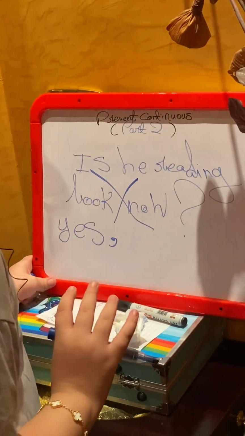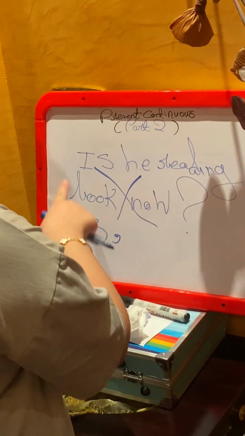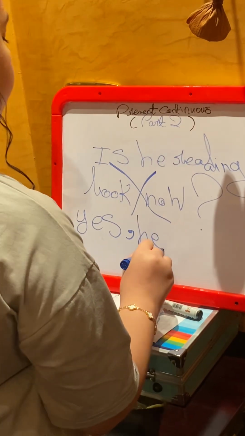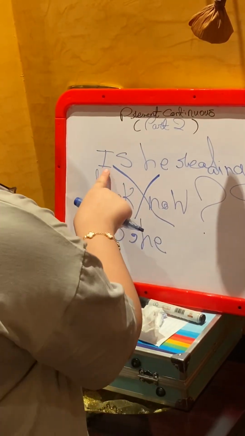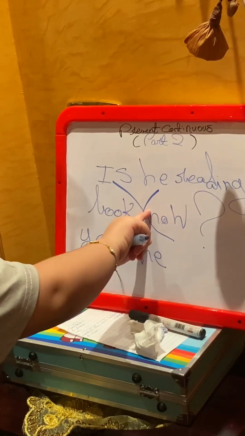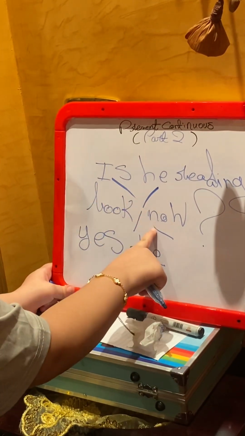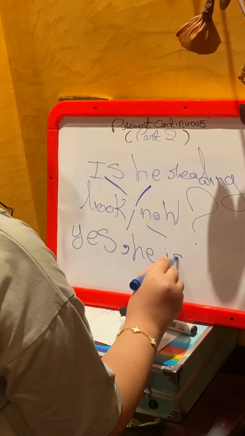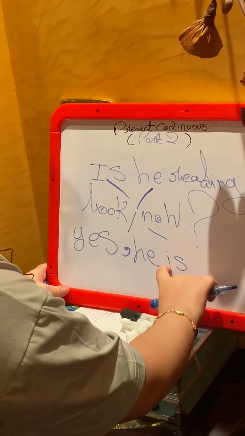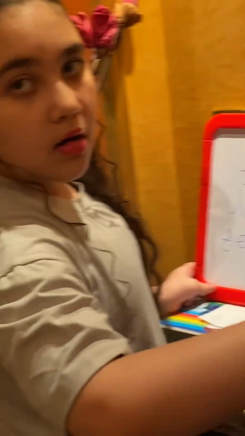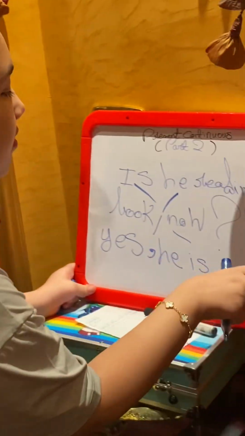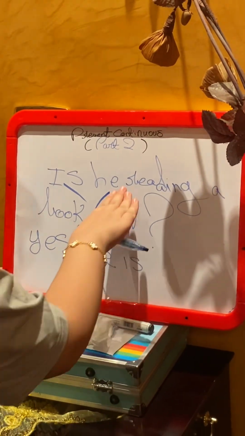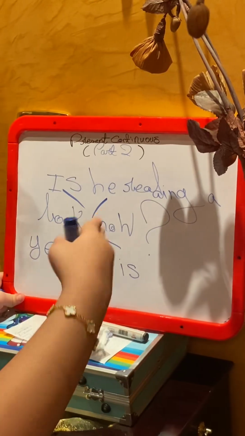Let's see here. I said that yes doesn't like not. We will not put not when we answer with yes. Be careful with yes. I will not put not. And then you can make scissors: yes, he is. It's like a scissor, but you can make this after you put yes or no. Here I choose yes, so let's make a scissor after it. Yes, he, and after it, is, okay? So: yes, he is. I said that I want this to be a long answer, so I will complete it.